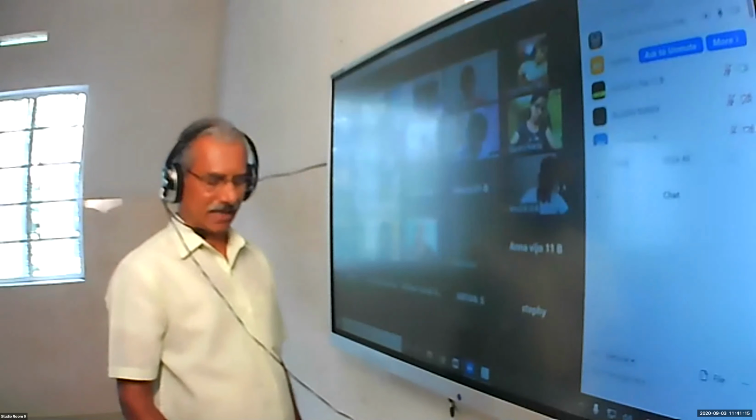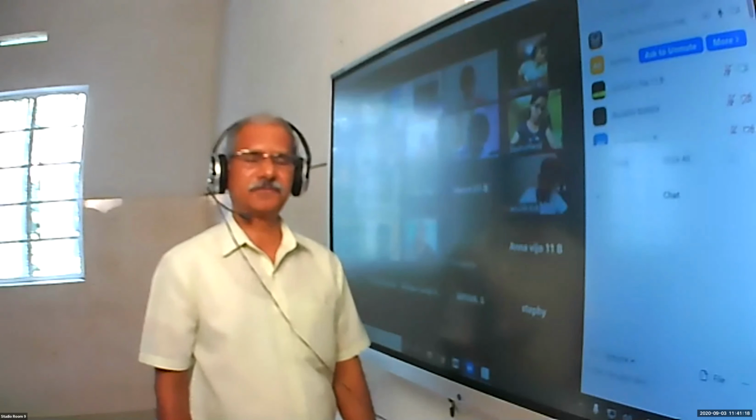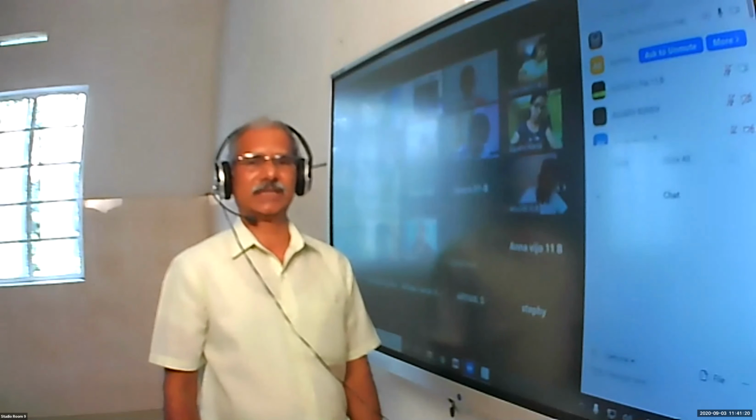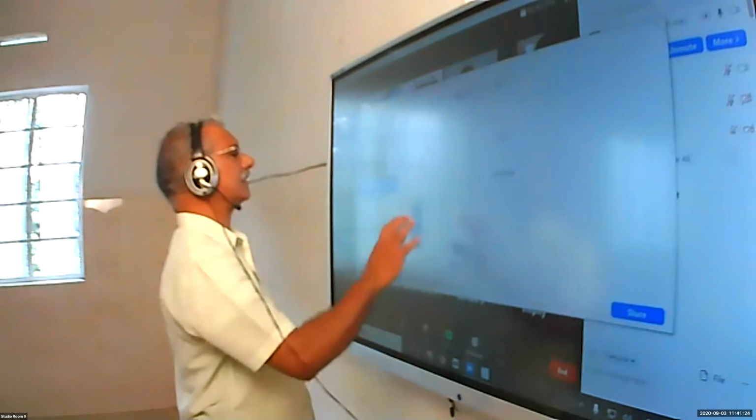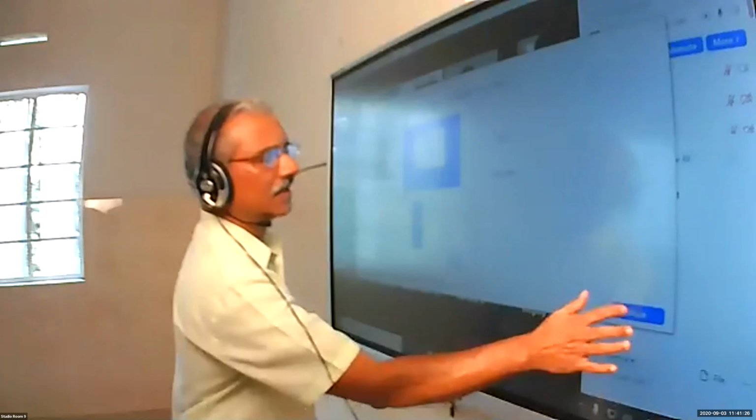So with this background, let us think of the energies of the various subshells. The order of the energies will be like this: 1s, then 2s, 2p, then 3s, 3p, 4s, 3d, 4p.